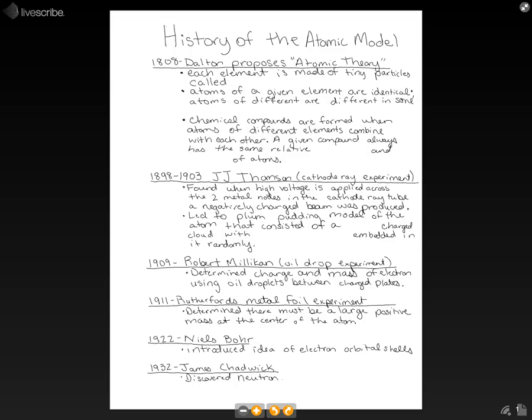So we start off with Dalton, and in 1808 he proposes the atomic theory. And that says that each element is made of tiny particles called atoms. Atoms of a given element are identical, and atoms of different elements are different in some fundamental ways.